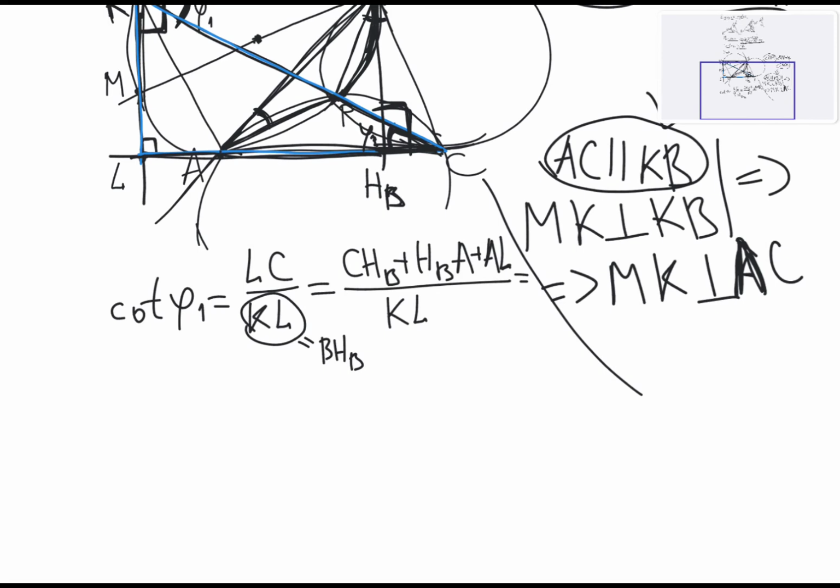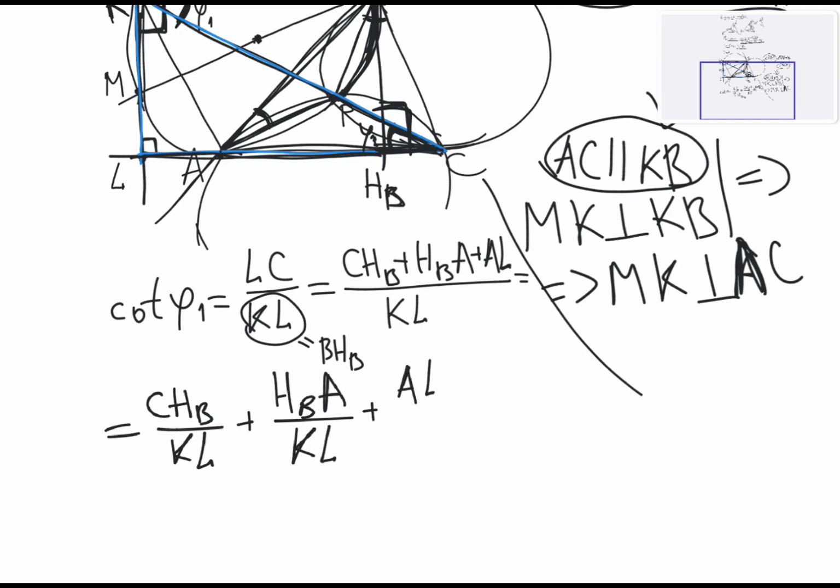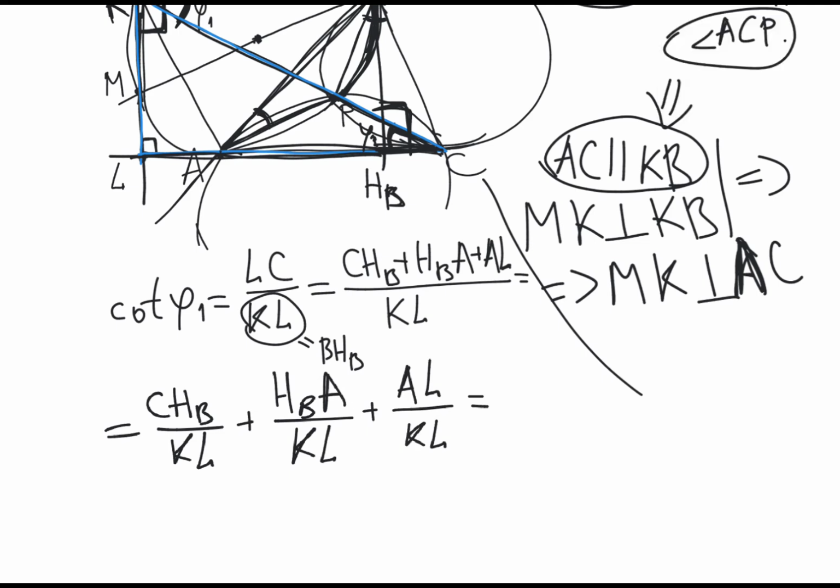So now we rewrite it as CHB over KL plus HBA over KL plus AL over KL, right? So now here we use that. Let's remove it here and write it here.